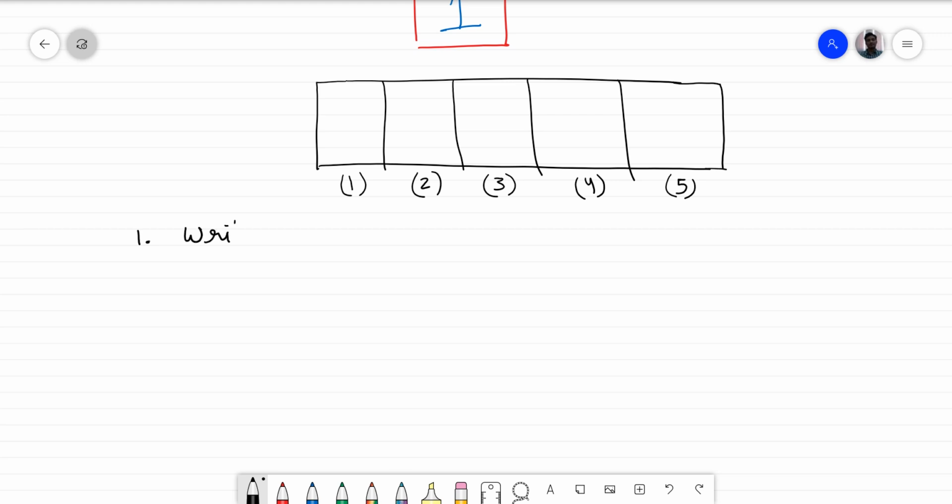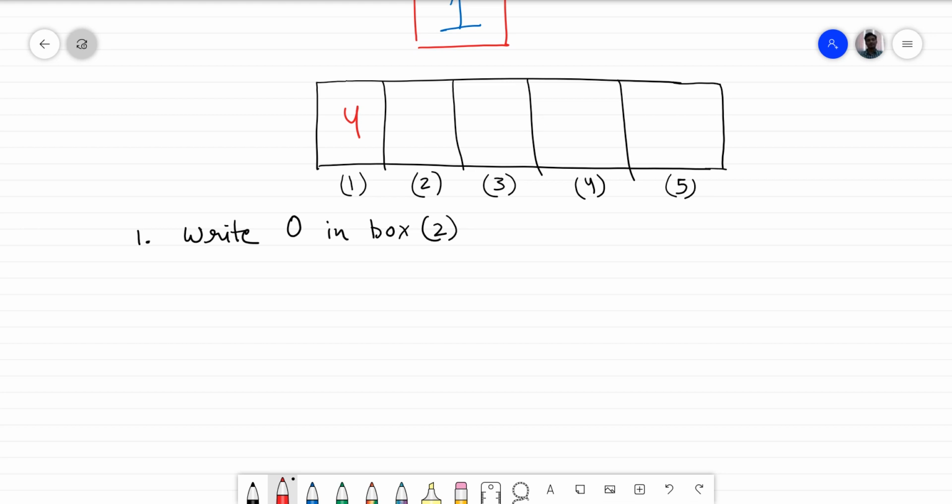Write 0 in box 2. So first of all, the number for which you want to calculate the square root, that number you have to place in box number 1. So let's say the computer asks for some input from the user, and the user gives some number as an input, let's say 4, and let's say that is in this box 1.